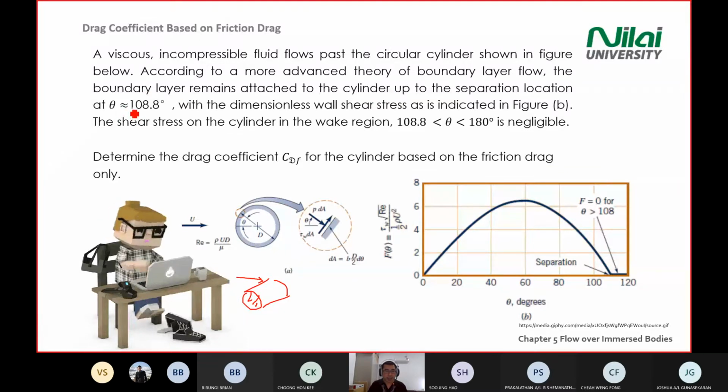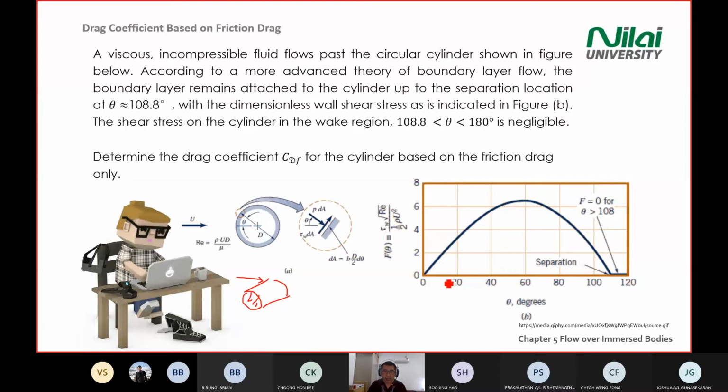At 108 degrees. If you measure the force by experiment, the left hand side is F, where F theta means the force from the equation given here.